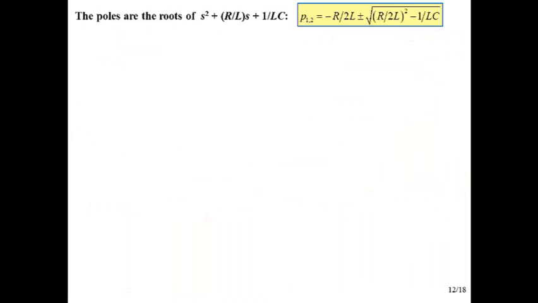So let's look at this a little bit farther. We can use the quadratic formula to write out the roots. So these are the positions of the poles, and we can see that R, L, and C show up, and in particular one of the parameters is R over 2L, and the other parameter is 1 over LC.